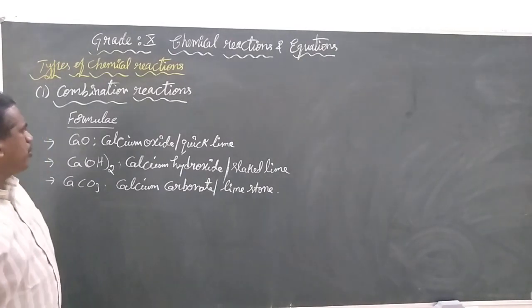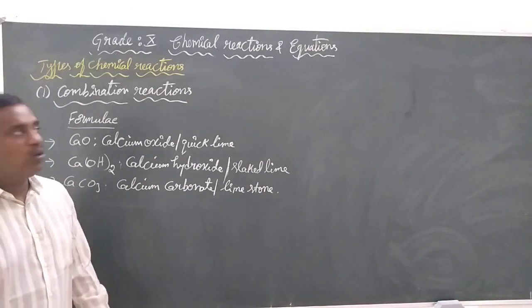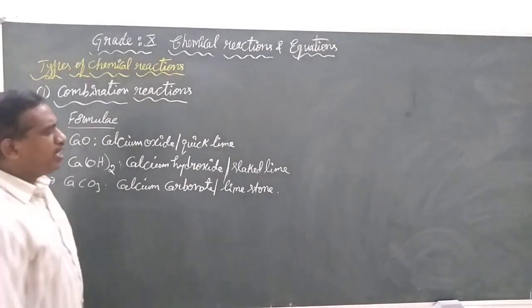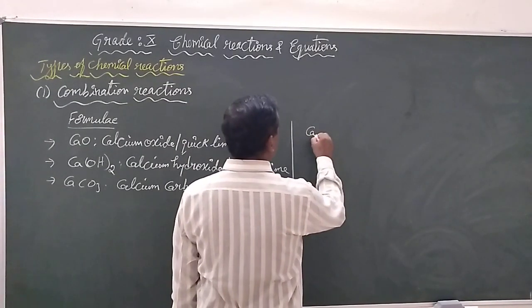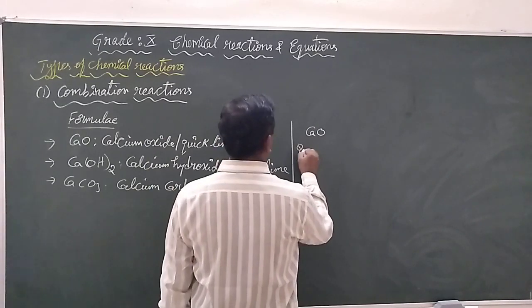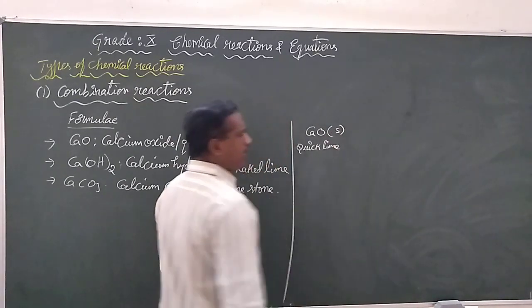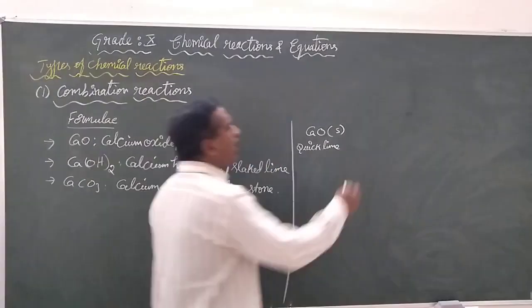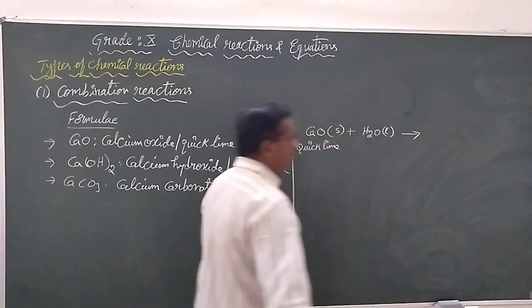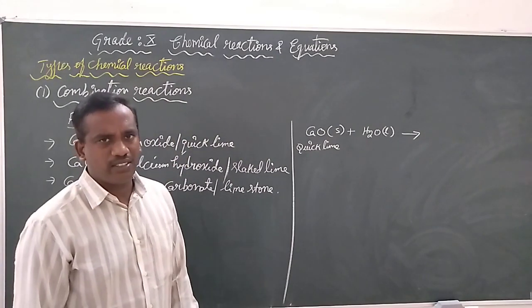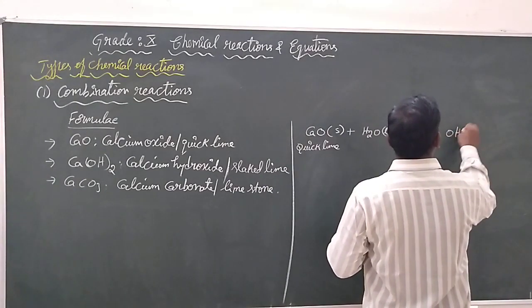So let us start with one of the starting compounds, calcium oxide, and see how to complete our reaction. Usually quicklime is in the solid state. When we dissolve it in water, we can expect many products. One of the major products that we get is Ca(OH)2.